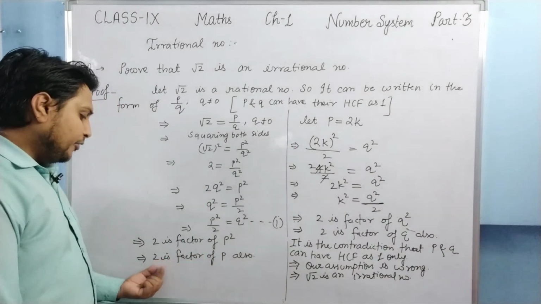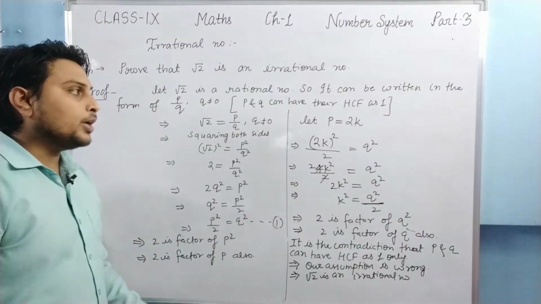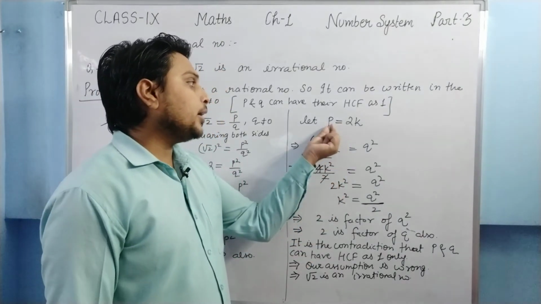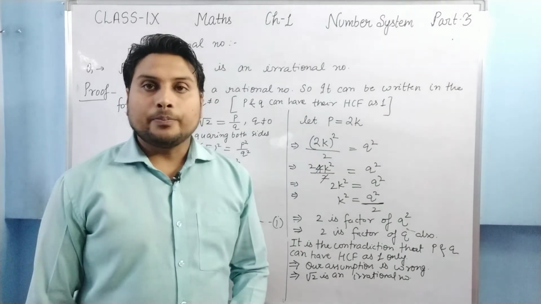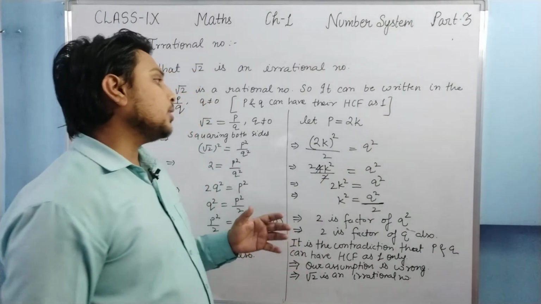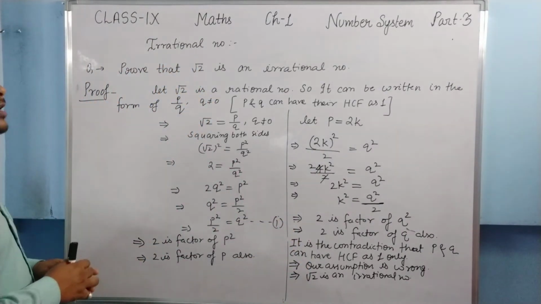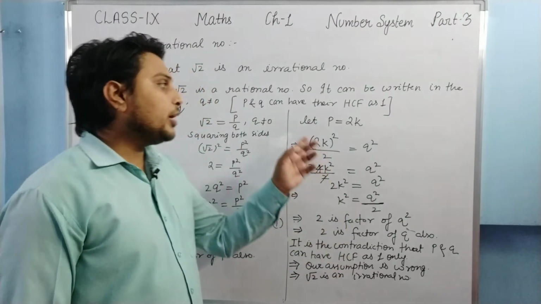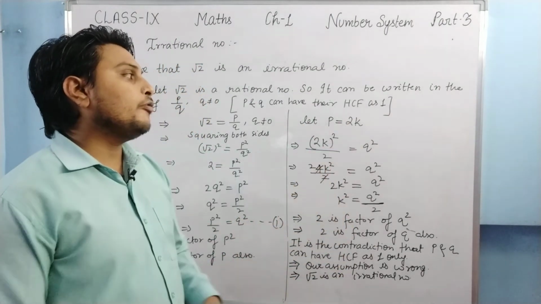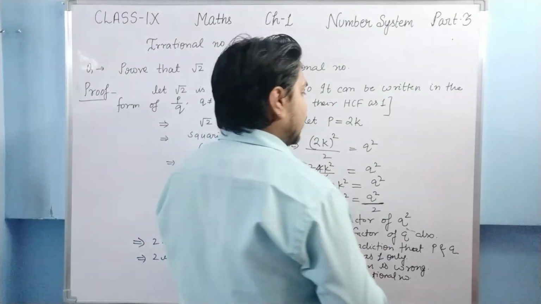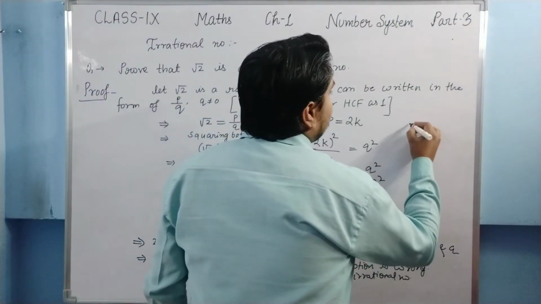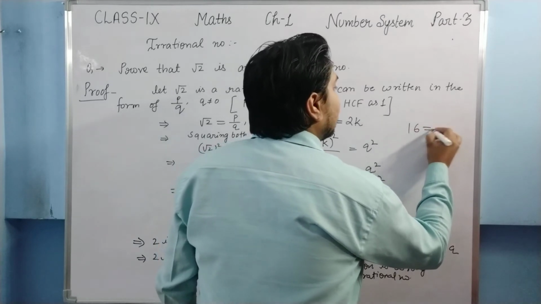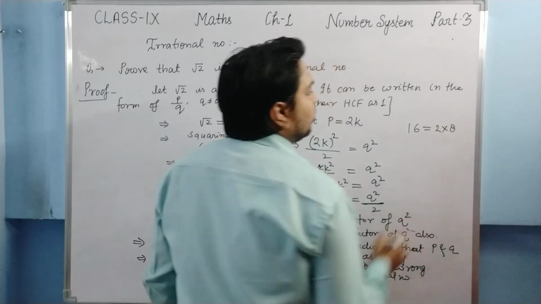If 2 is the factor of p, then we can show this p in the form of 2 times something. If at the place of p any number is written directly, we can show that number in the form of 2. Like I have told you there also, if 16 is written, then we can represent it as 2 into 8.